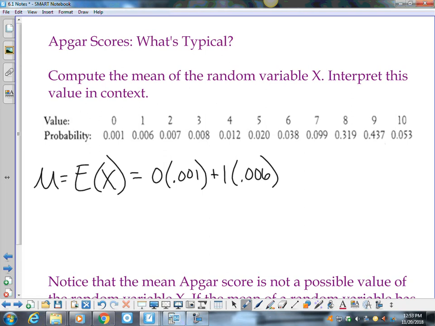Now here's where the magic happens. Plus, plus 10 times 0.053. You're going to give them a couple in the front, a little dot in the middle, and then bring it on home with the last one at the end.